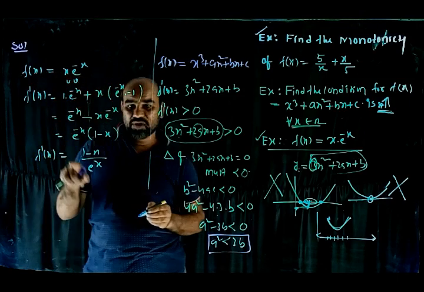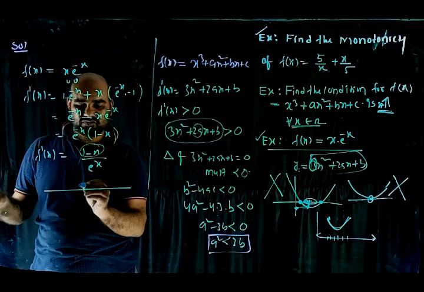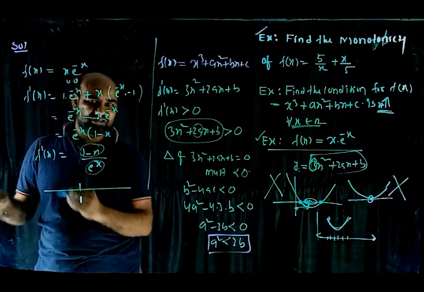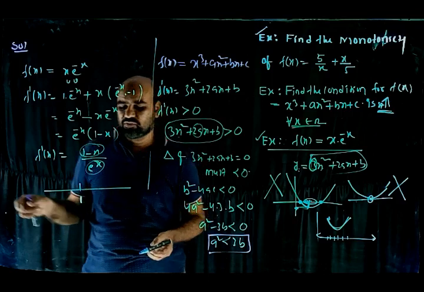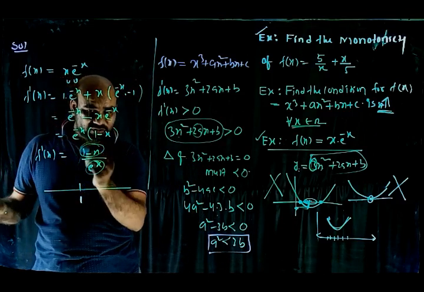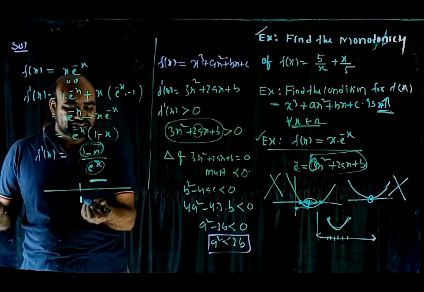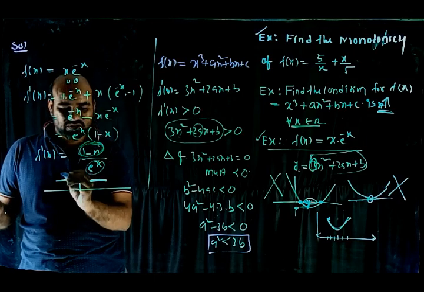Now we want to apply the sign scheme for this. Take a number line. The zero of this is 1. So this e power x is never 0; it's always greater than 0. No problem. So for values of x greater than 1, the expression is negative, minus. For values of x less than 1, the expression is positive, plus.